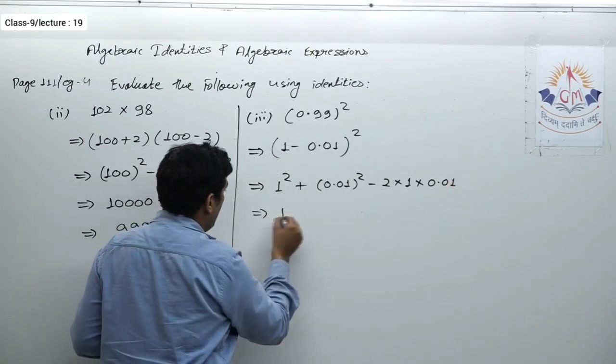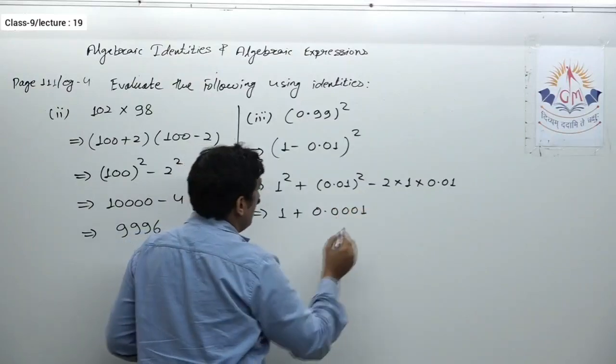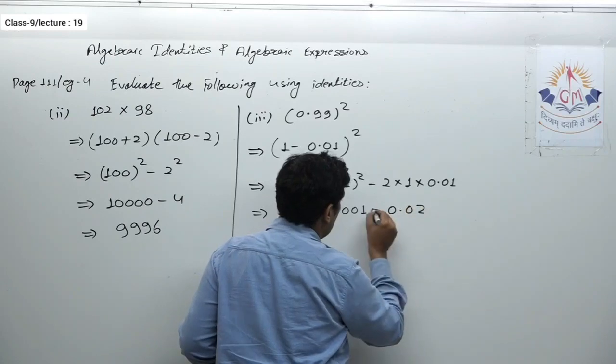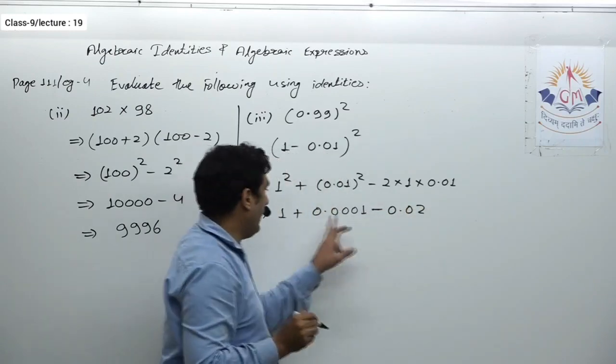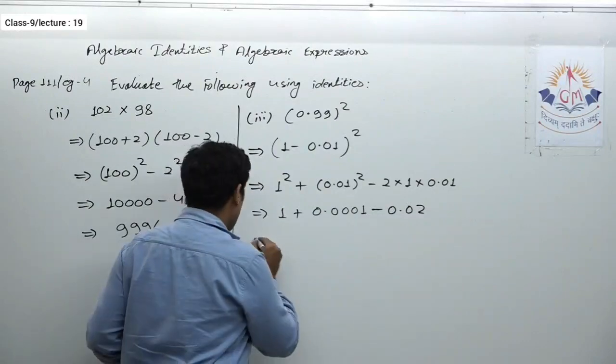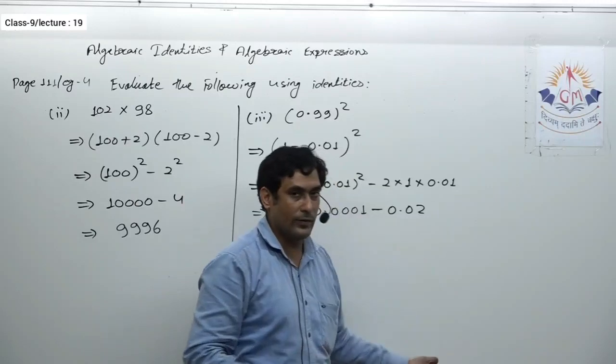So this is 1 plus 0.0001 minus 0.02. First you have to add these two, and from that you have to subtract 0.02. So try to get this sum and this difference.